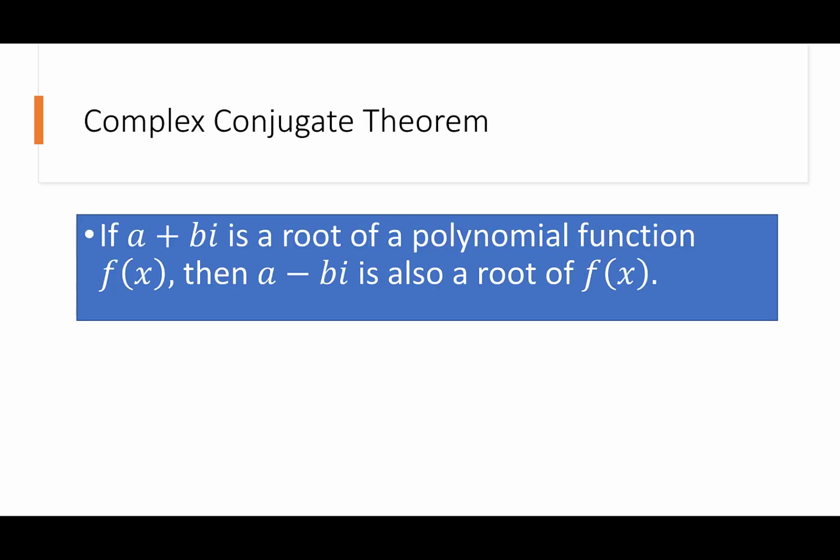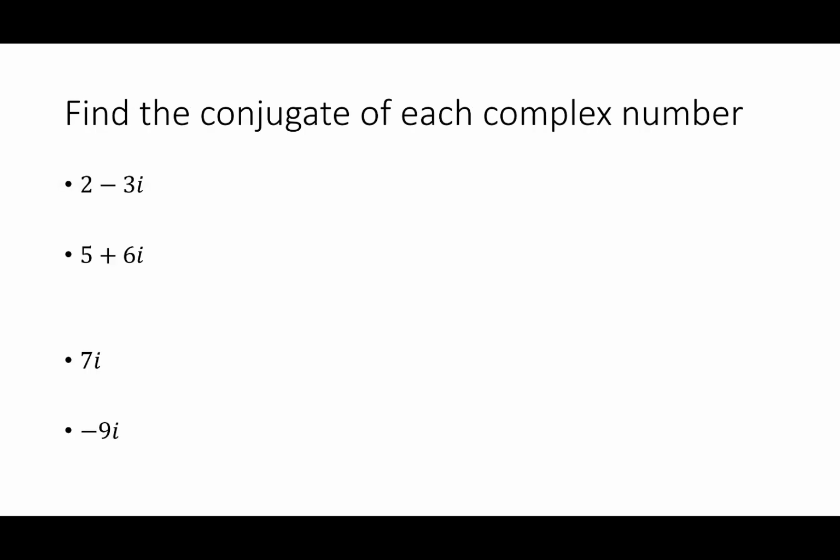Related to this, we have the complex conjugate theorem, which says if a plus bi is a root of a polynomial function, f of x, then a minus bi is also a root of f of x, and that works both ways. Let's find the conjugate of each complex number. So if I have 2 minus 3i, the complex conjugate is 2 plus 3i.